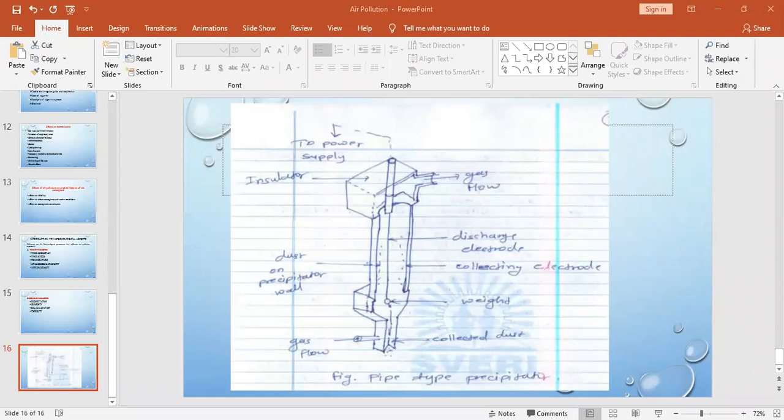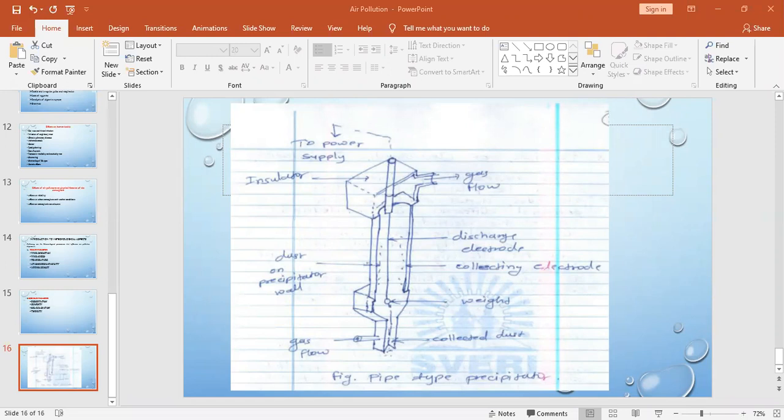CORONA, not this corona, this is the disease. This is the phenomenon where a yellow type of glow is observed between these two electrodes because of the ionization. And why has ionization been created? Ionization is generated because of the high potential difference between the two electrodes.